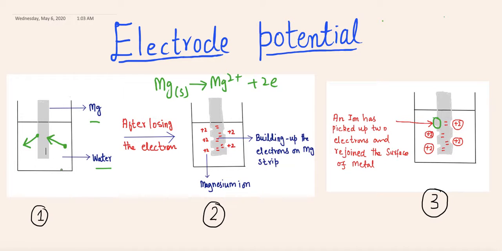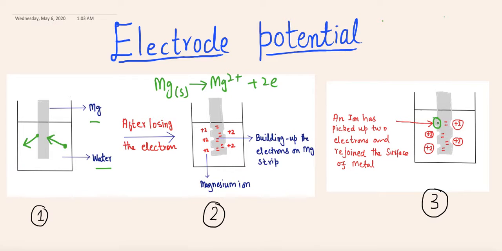So after reaching the dynamic equilibrium, you have a constant negative charge on the magnesium ribbon and constant positive charge in the solution. So you can say there is a difference between the positiveness in the solution and the negativeness on the magnesium electrode.